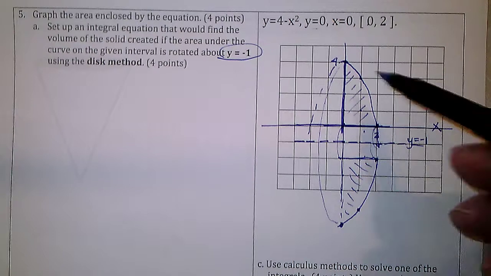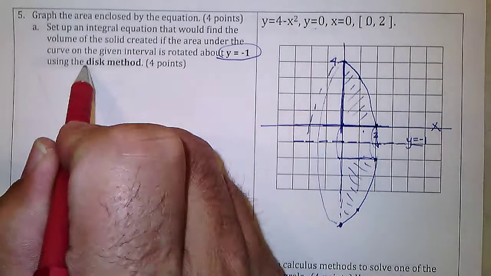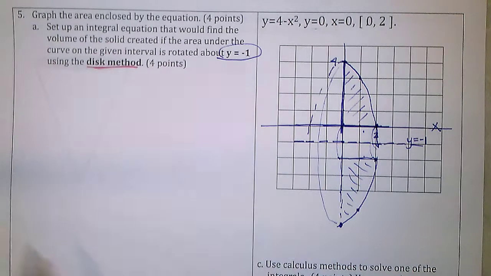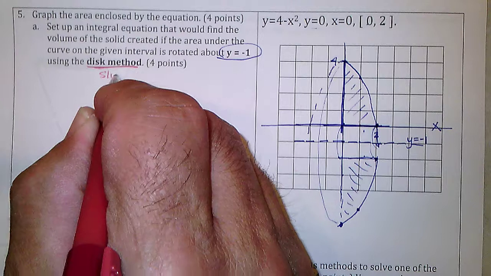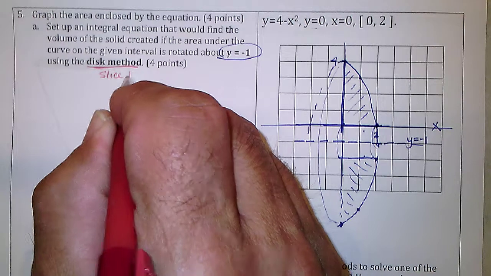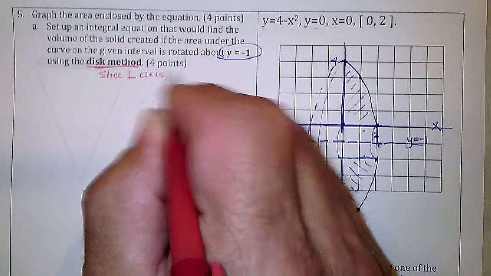And so that's what it is. I hope you can kind of visualize that. This is where some people are having a lot of trouble. Now, if I'm doing disk method, it's always slice perpendicular to the axis of rotation.